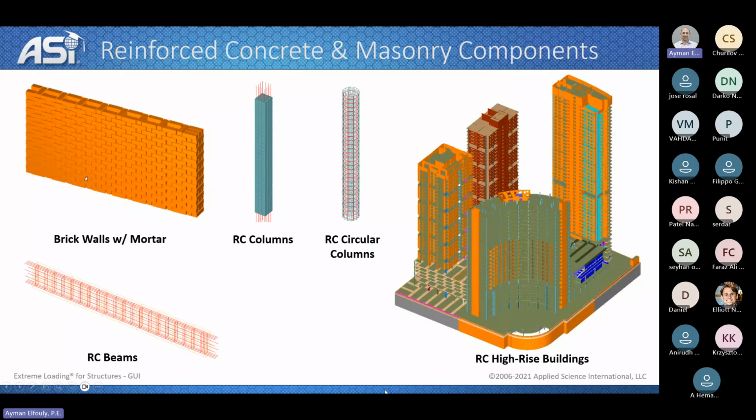So inside ELS software, you can model, as we said before, RC columns, circular RC columns, beams, pre-stressed beams, masonry walls with whatever staggering and whatever bond. And this is a complete ELS model for a very large building that we have demolished using ELS software.